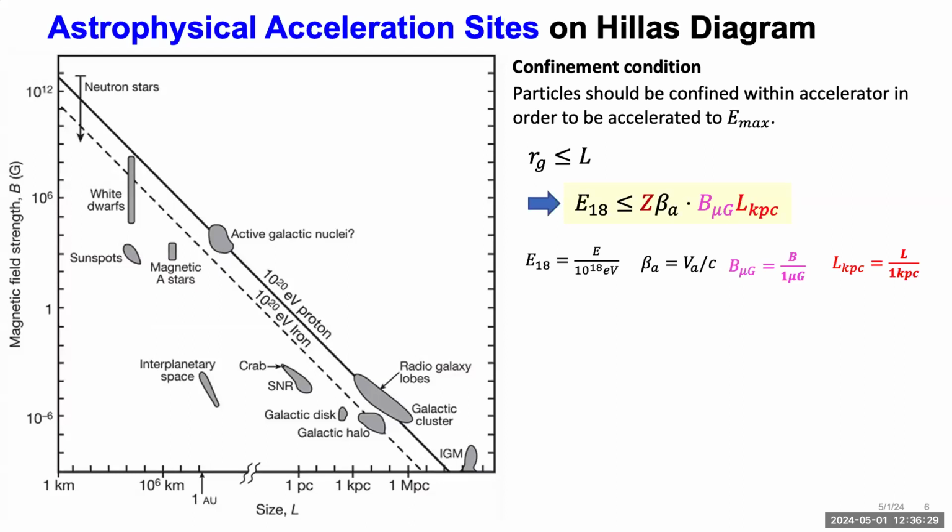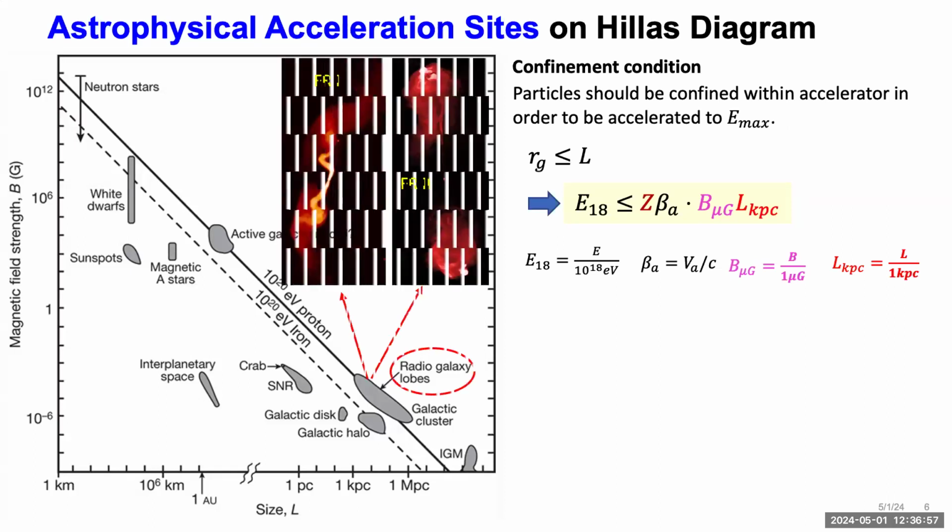This relation came from a very simple assumption: if the gyro radius of the cosmic ray is greater than the system size, then cosmic rays easily escape from the system. So if the gyro radius is equal to the system size, then we can get the energy, and that is the maximum energy that the system can confine.